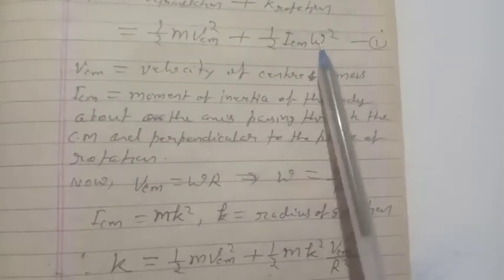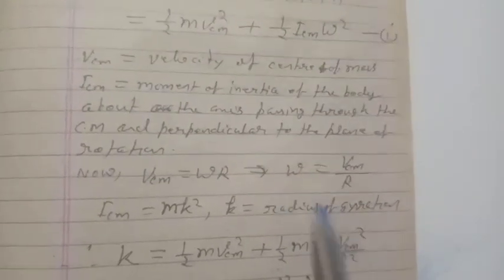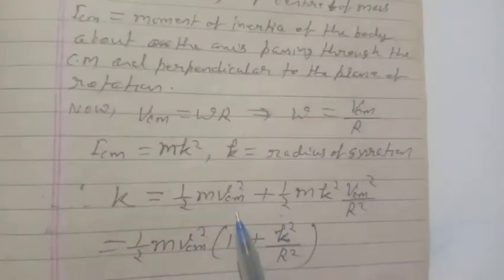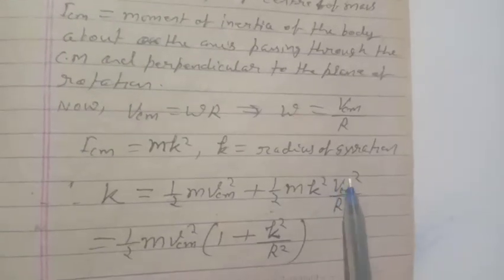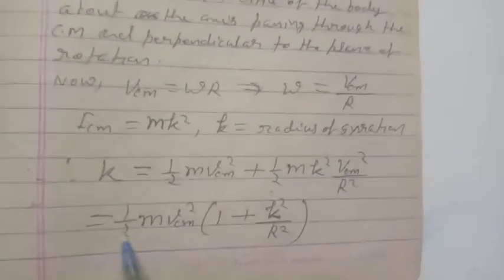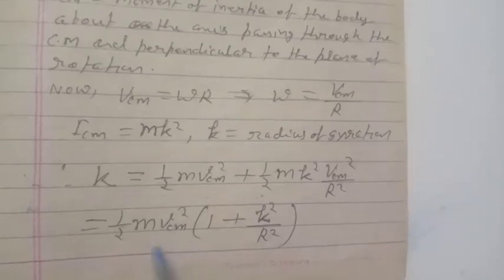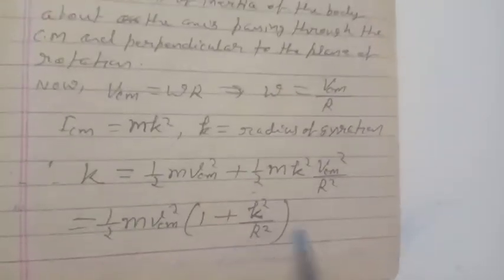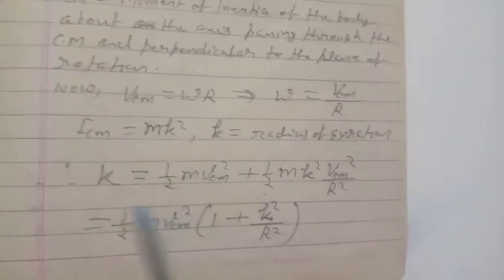Putting the value of ICM and omega in terms of m k square and VCM by r, we get this value. Taking 1 by 2 m VCM square common from both terms, we get 1 by 2 m VCM square into bracket 1 plus k square by r square. Now this formula can be used to get the total kinetic energy of a pure rolling body.